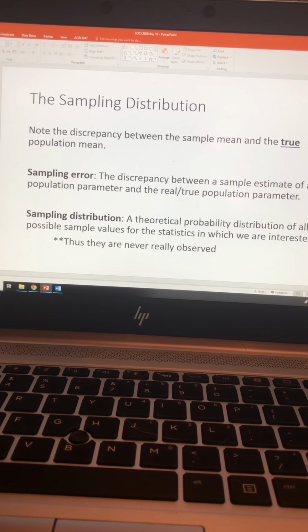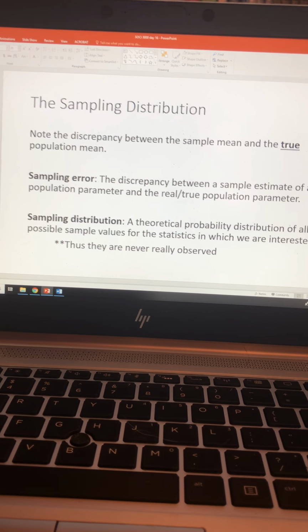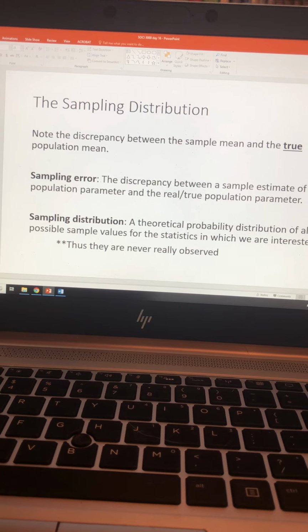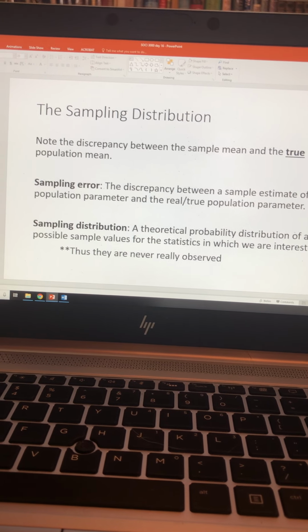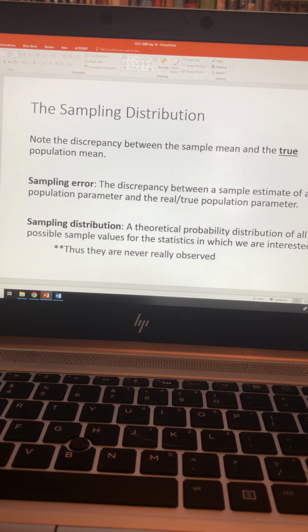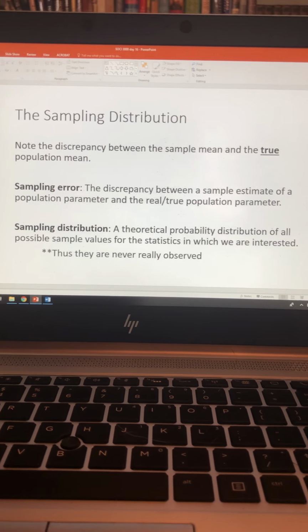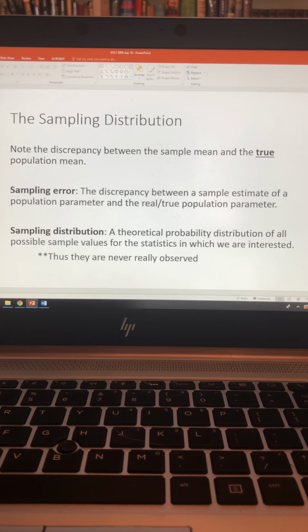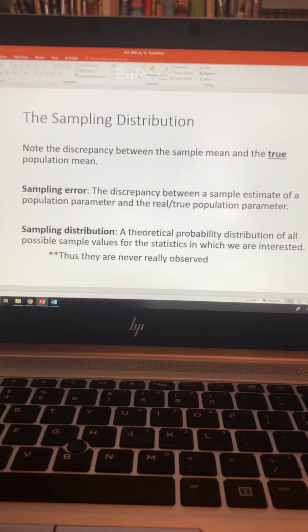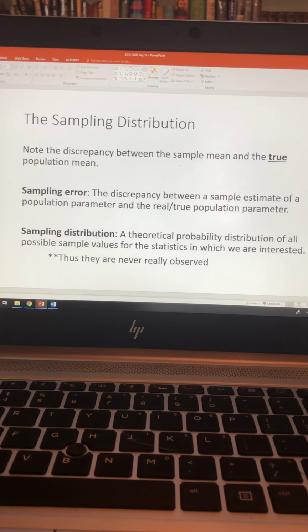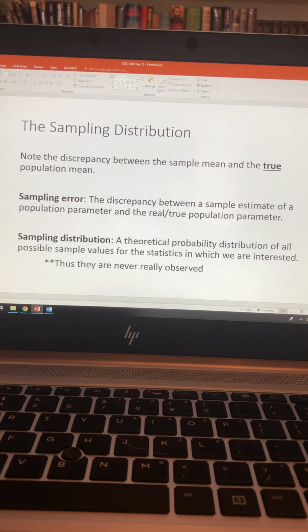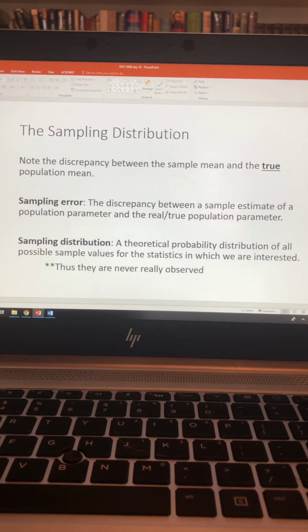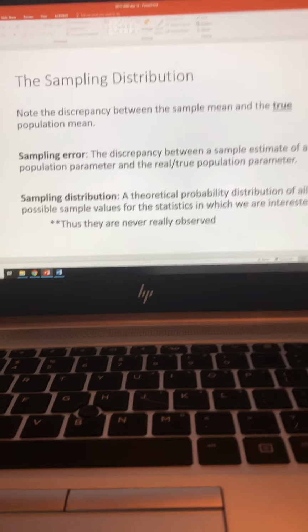And what I'm going to show you today is theoretically how we can disentangle that error and understand how large or small it is, and some of the factors that go into creating it. What we're eventually looking at is a confidence interval with sampling error, and the factors that go into how large or small that is.